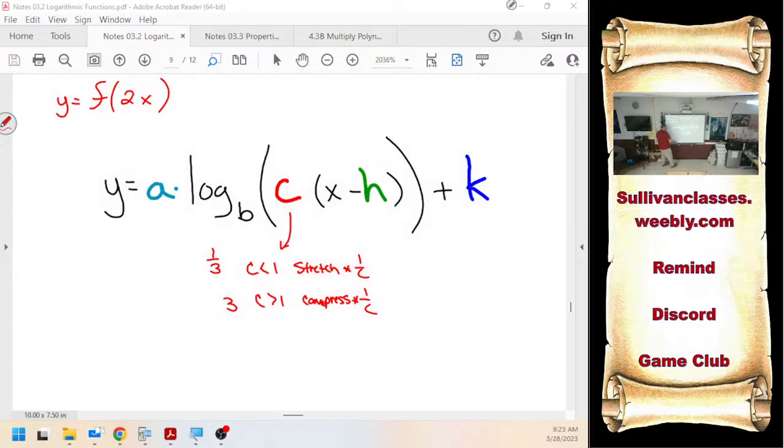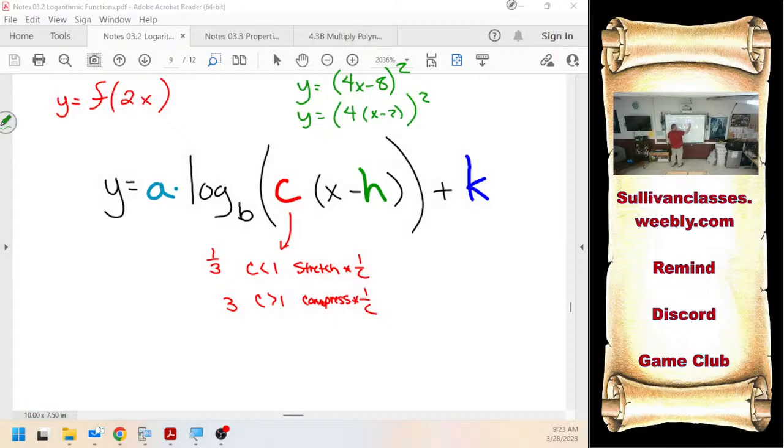But it's because that C value or B in any of our other functions can usually be turned into an A value. Like if I said y is (4x minus 8) squared, I would turn that into 4 times (x minus 2), the quantity squared.